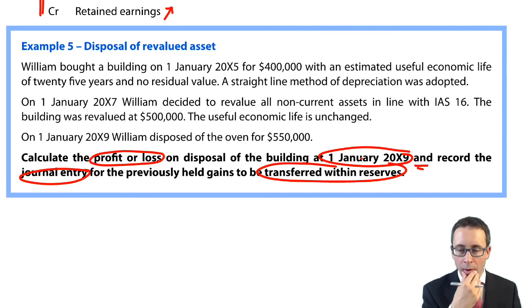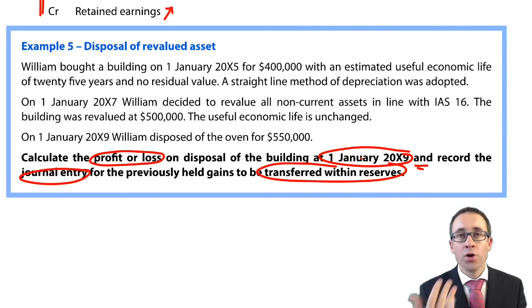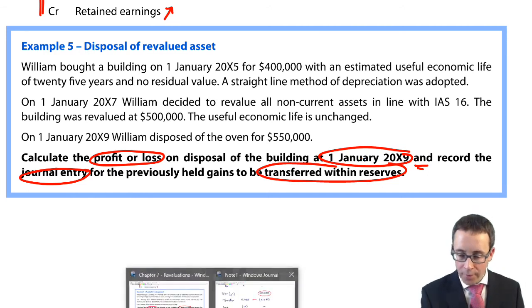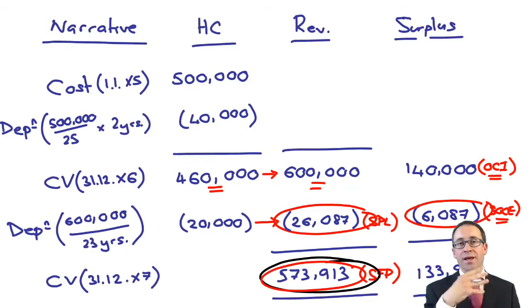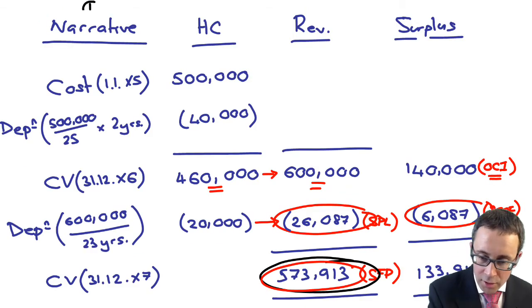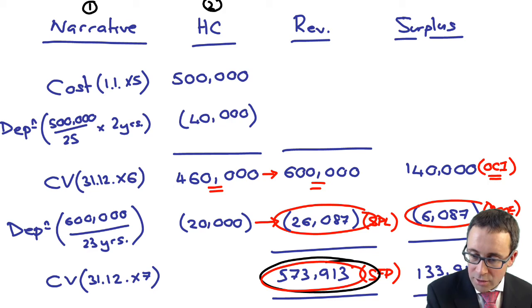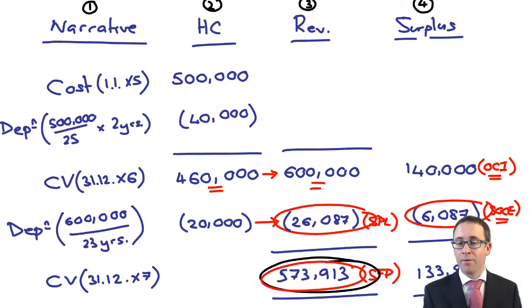So you can have a go if you want, hang fire a moment. Use the same pro forma, the 4-column approach: narrative as your first column, second column historic cost, third column revaluation or revalued amount, and the fourth column the surplus.